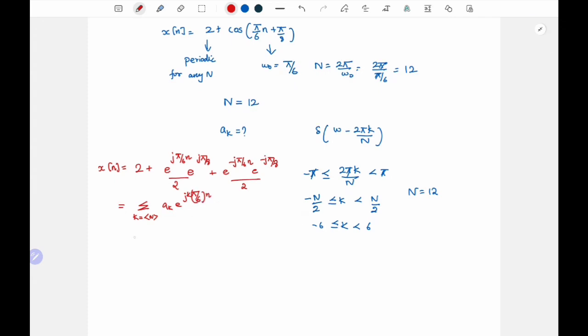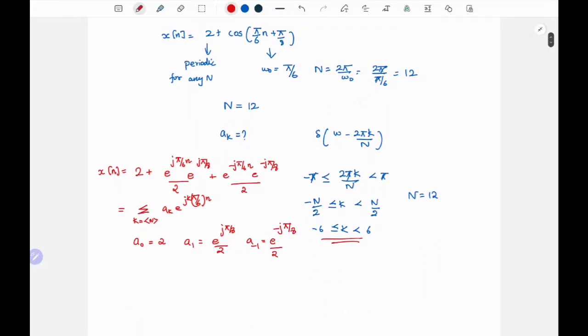And if you compare these both, you get a0 equal to 2, a1 equal to e power j pi by 8 by 2, and a minus 1 equal to e power minus j pi by 8 by 2. So again, this 0, 1 and minus 1 are in the range that we determined it to be.